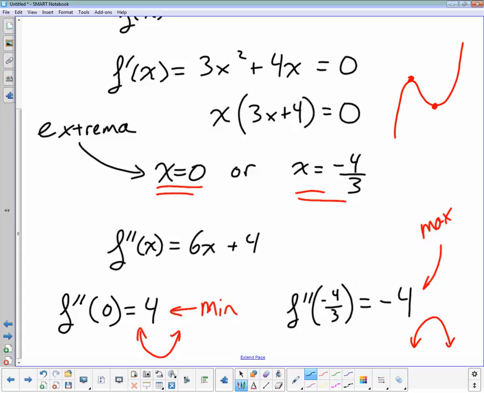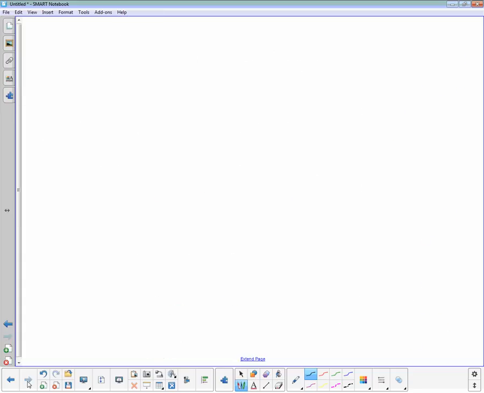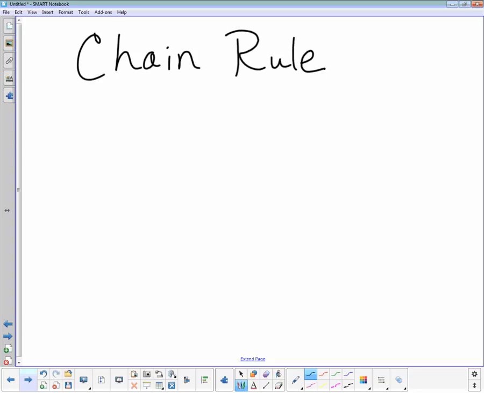Under control? All right. Chain rule. Chain rule is really, really, really useful. The chain rule allows me to take really ugly looking stuff, composite functions, and take derivatives of it.